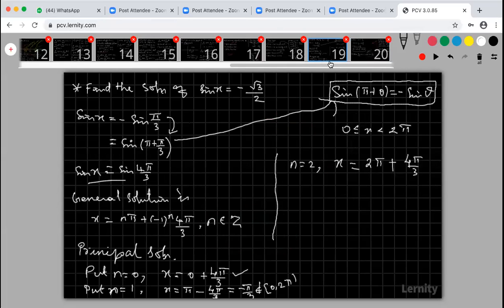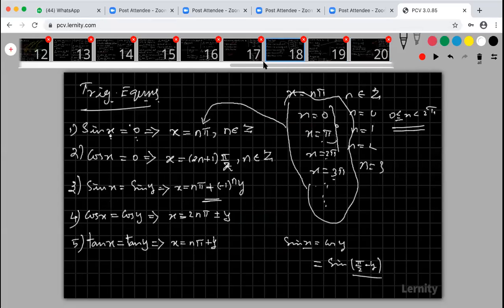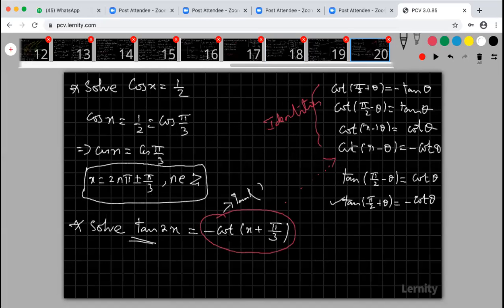trigonometric formula, general solution. Okay, tan x is equal to tan y means I can use it as x is equal to n pi plus y. But here this side is tan, this side is only minus cot. I'm going to change it into tan. Changing into tan means this identity is not applicable, because for cot we only have an identity with pi by 2.